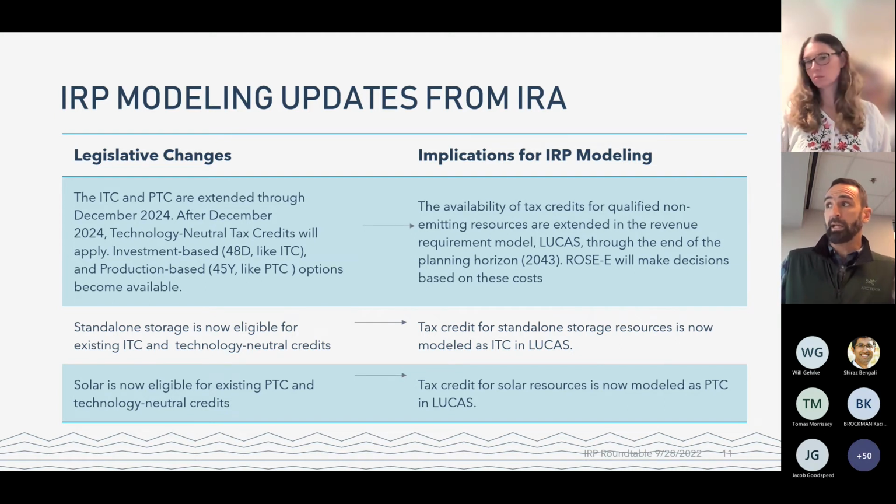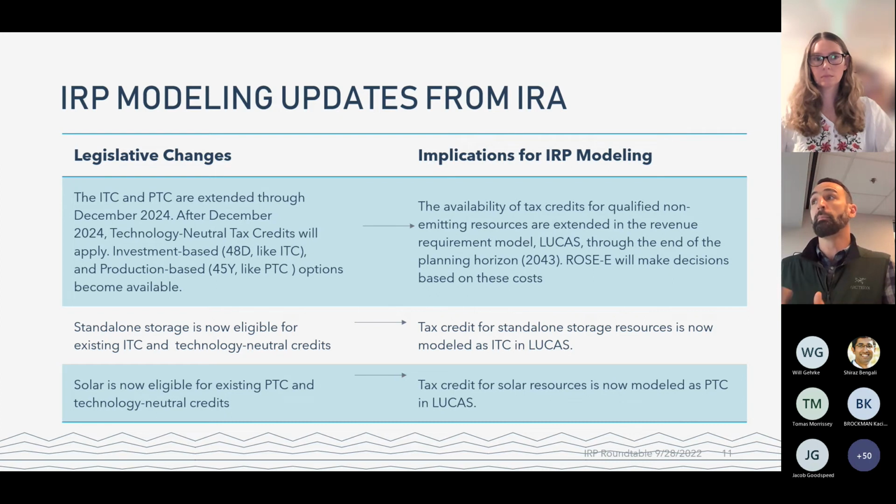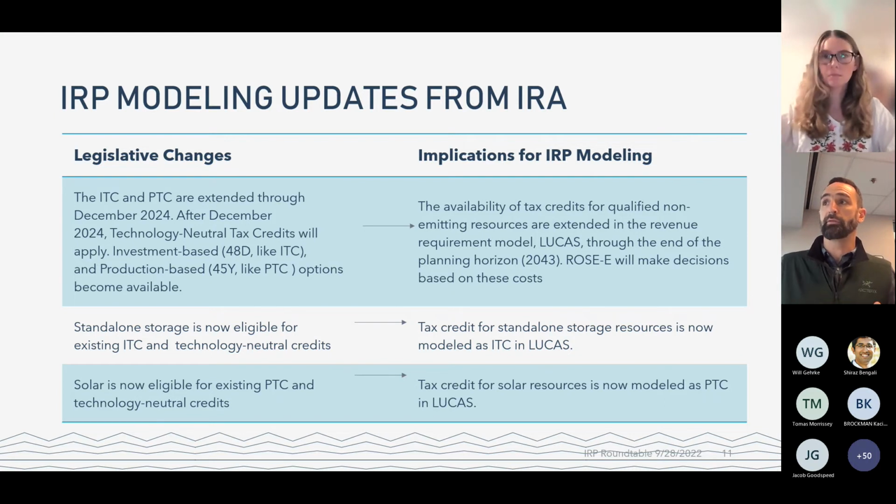So if we somehow get to 2030 and we are fortunate enough to reduce those emissions down to 80% of 2022 levels, then the tax credits expire at the end of 2032. But if we don't, so if emissions only go down by 50%, say, by 2032, then those tax credits will be extended.